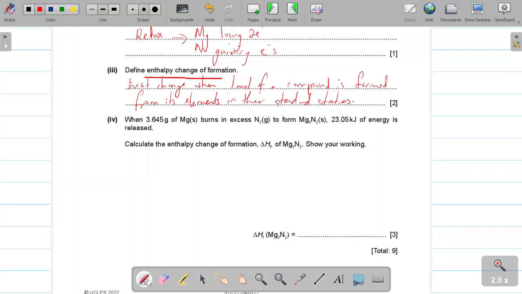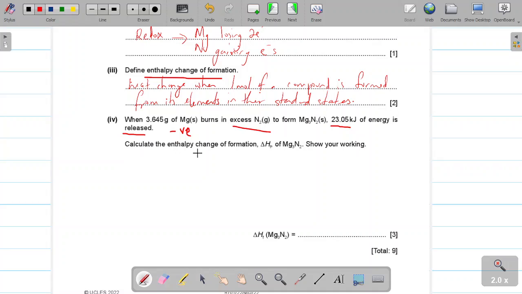Now, this is a calculation question here. It says when 3.645 grams of magnesium burns in excess nitrogen to form magnesium nitride, 23.05 kilojoules of energy is released. So first things first, energy is released. This tells us that the enthalpy change that we are dealing with will be negative because we are releasing energy.